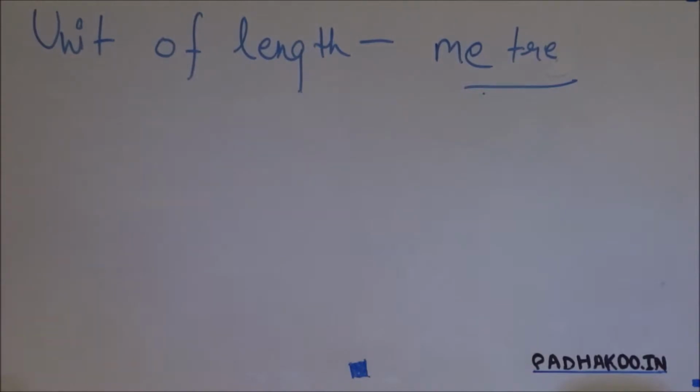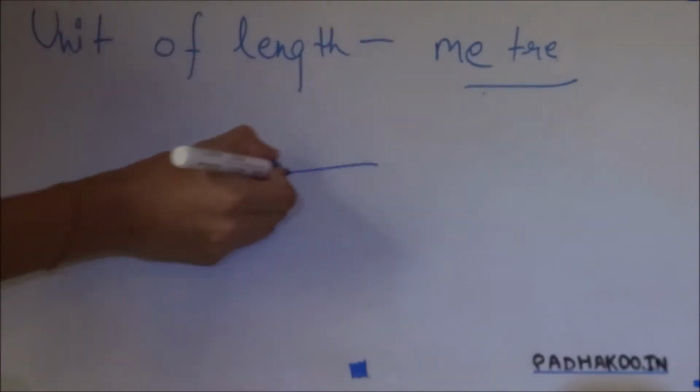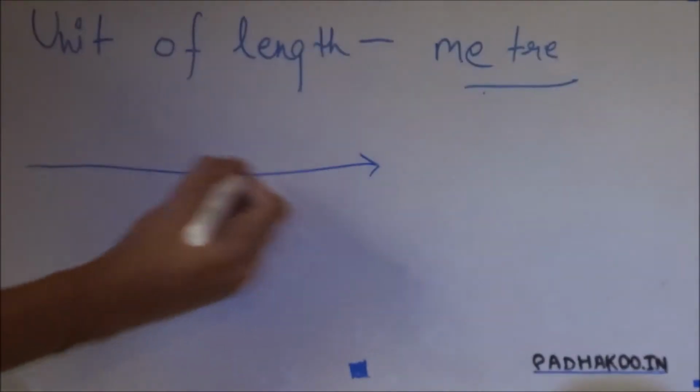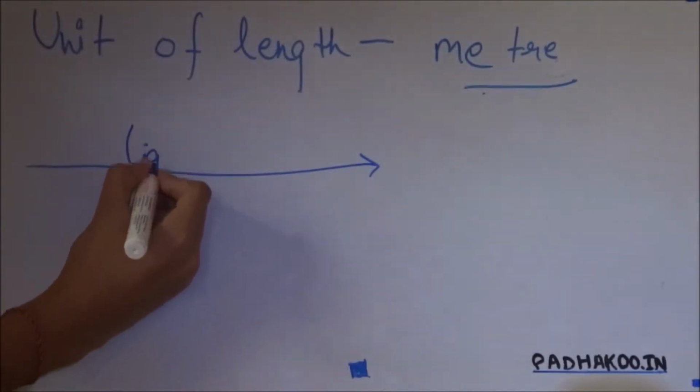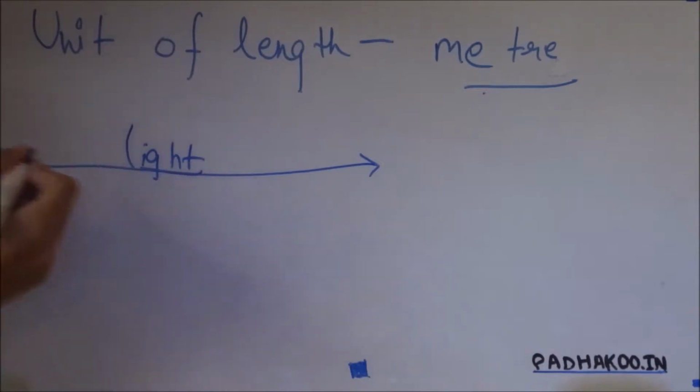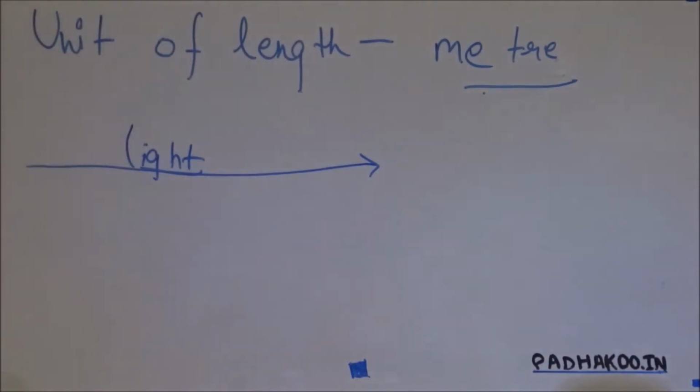So 1 meter is defined as the length of the path traveled by light in vacuum during a time interval.